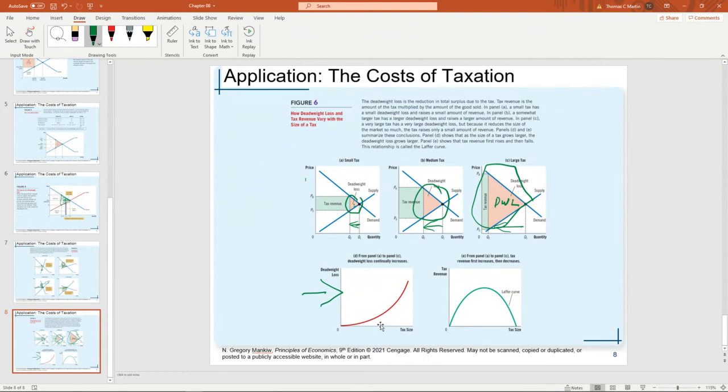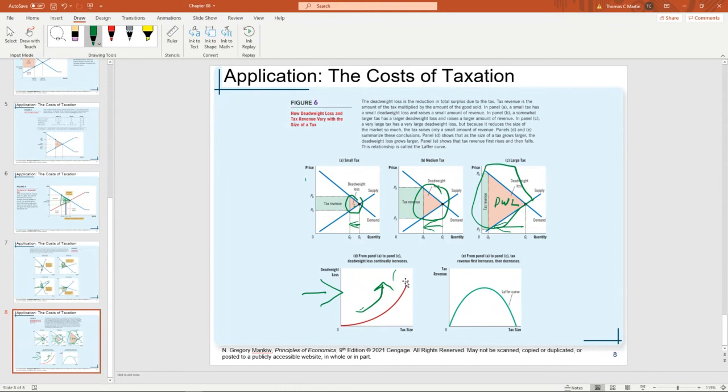So if we were just graphing the relationship between increased taxes and deadweight loss, we'll have a curve that is increasing at an increasing rate. If the taxes are completely raised, the deadweight loss is going to be everything.